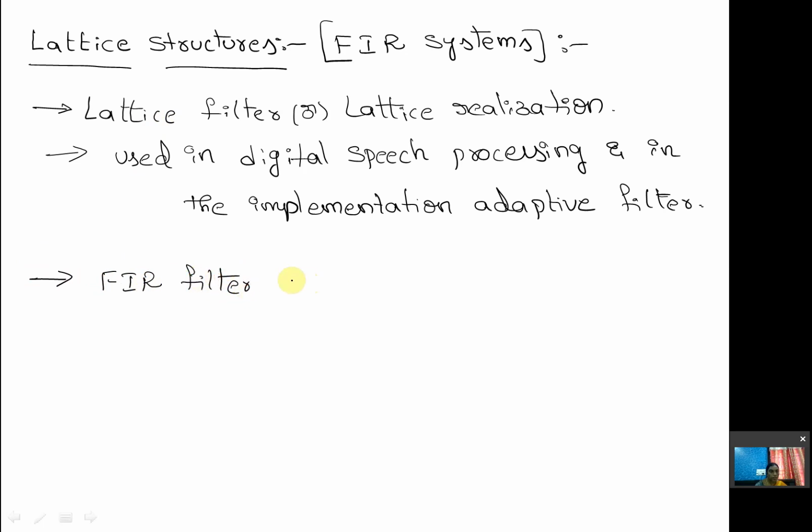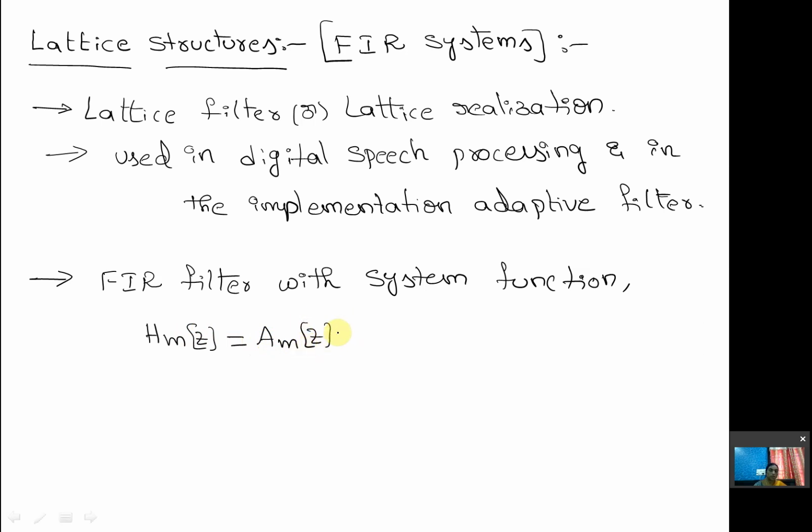Consider one filter which has a certain system function of the form H_m(z) = A_m(z), where m = 0, 1, 2 and so on up to M minus 1.